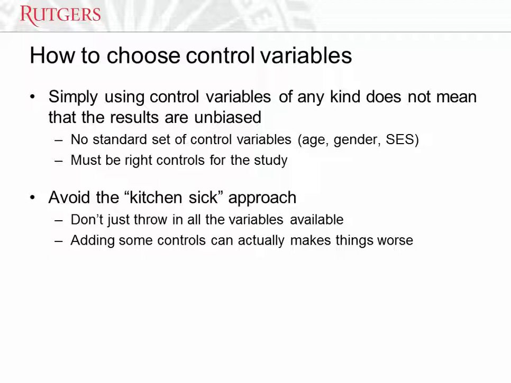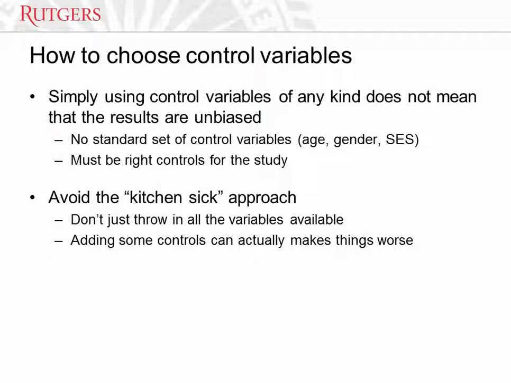Those things can be important, but just using them doesn't guarantee that the results of the study are unbiased. You have to use the right set of control variables for the study, and some of them may be kind of unusual and unique to the particular situation. So just using control variables doesn't necessarily guarantee that the study is unbiased.